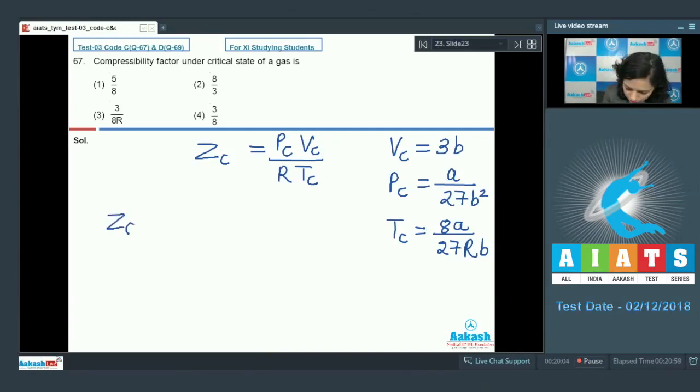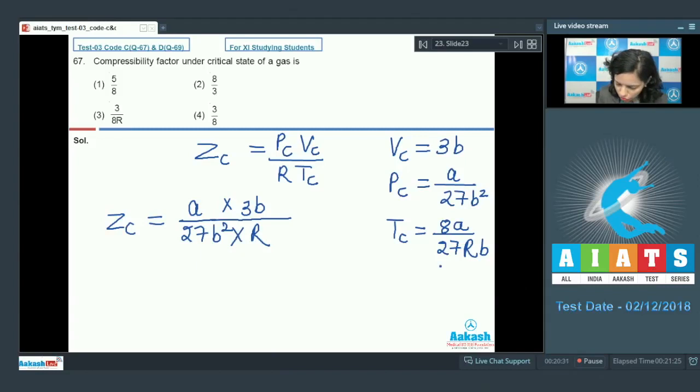The value of ZC is equal to the PC value, that is A upon 27 B square, into VC is 3B, then R, and further we have the TC value also. That TC value is 8A upon 27 RB.